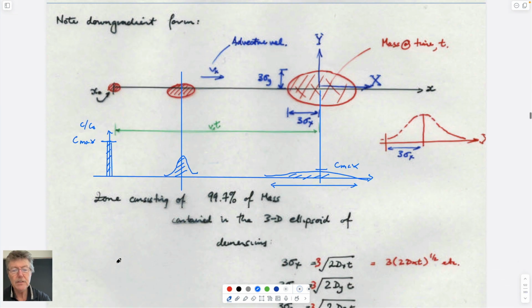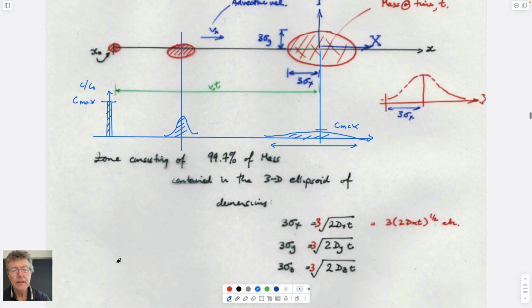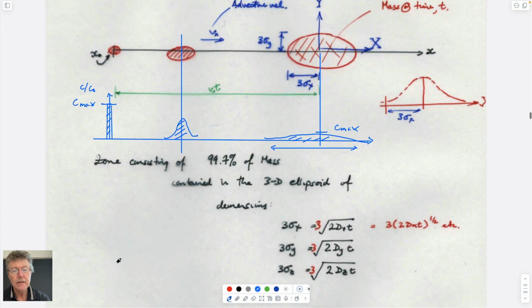And the more interesting result that comes out of this is the limits of this plume, so if you look at the limit of this plume, 3 sigma, this is 3 standard deviations. So we said before that the bell curve is a normal probability distribution. A standard deviation says how wide that is.